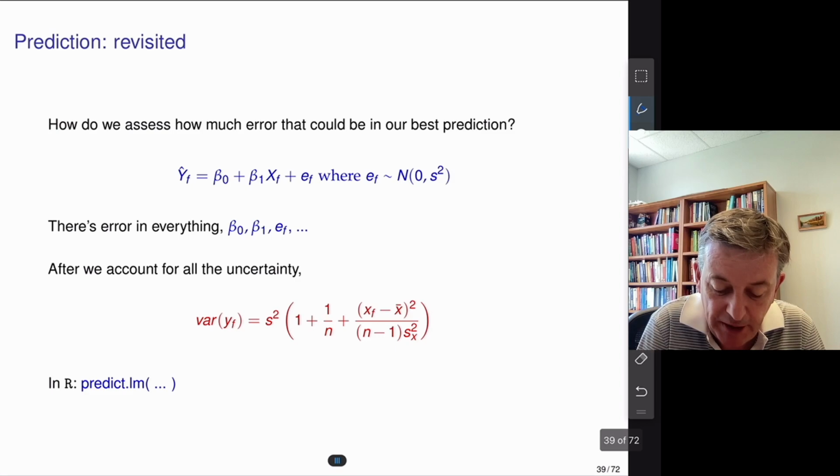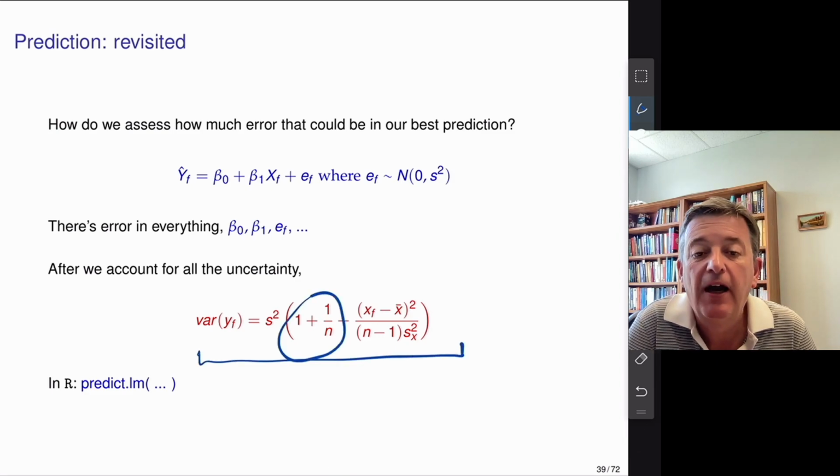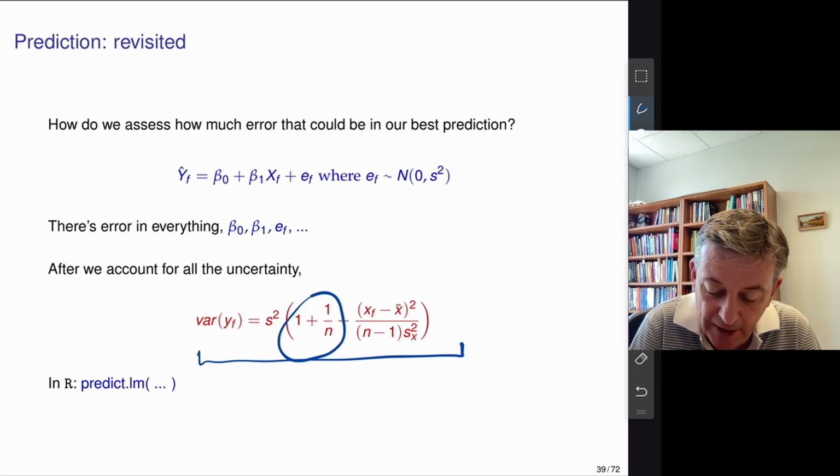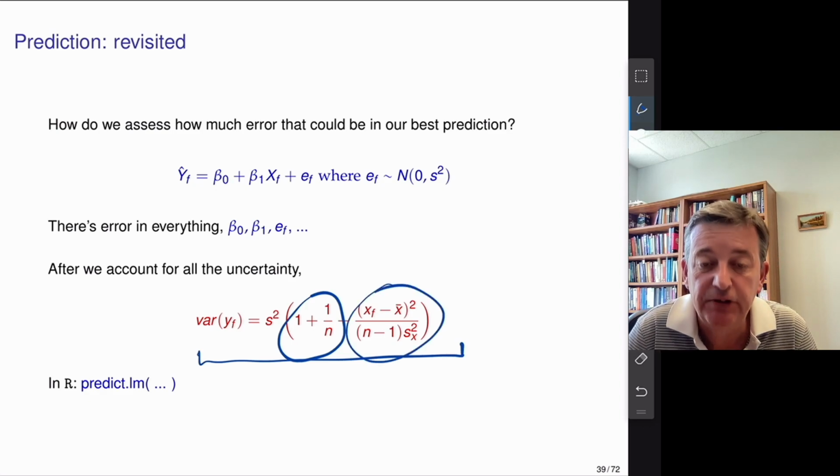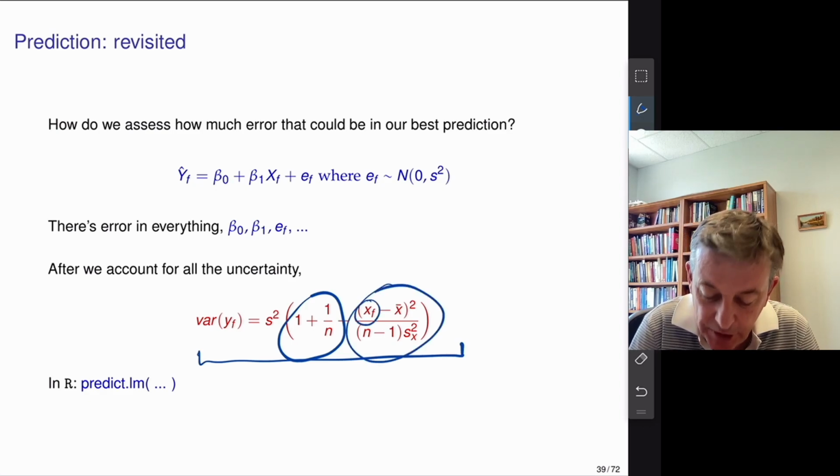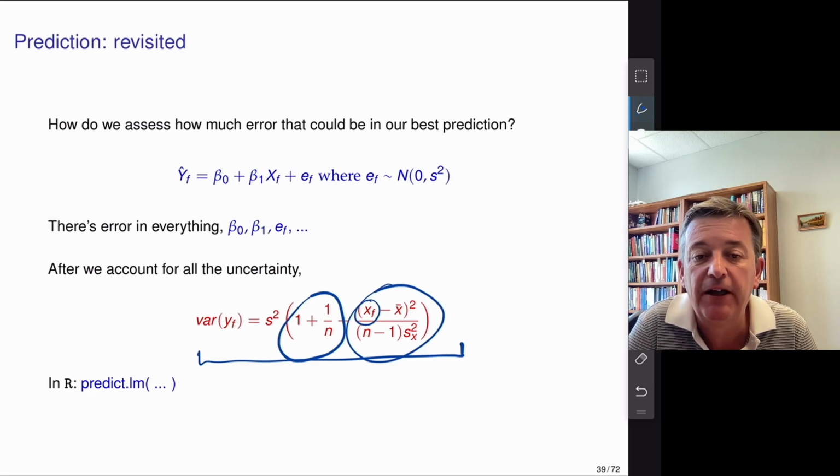Here's the formula for prediction. Similar to when we just did one mean, we have s squared times 1 plus 1 upon n, and now there's an extra factor that depends on the regression term. X sub f is the future level of X that we want to make our prediction at, and so we need to see how far away X sub f is from X bar.